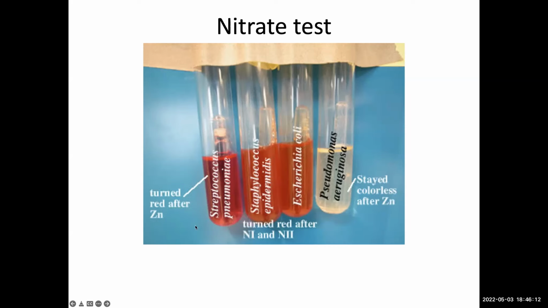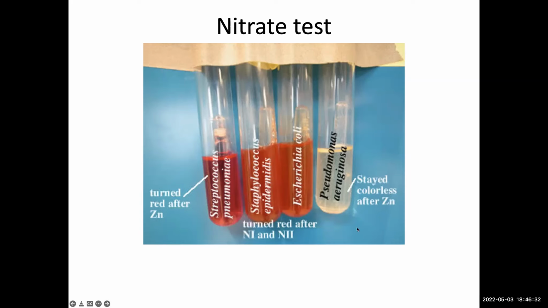And so as it turns out, red after the second step, which is the application of zinc powder, means that there's nitrate in the tube, which has never been altered. And clear or slightly gray after the addition of zinc means that nitrate is all gone and it's been turned into something that's not nitrate.